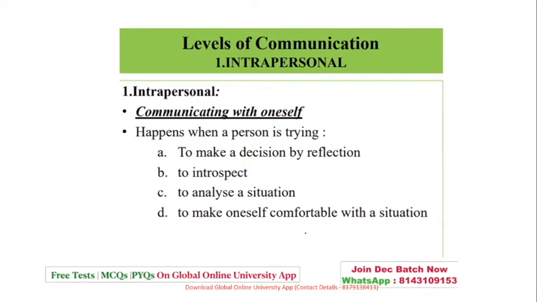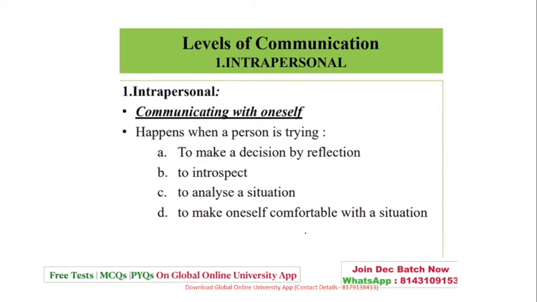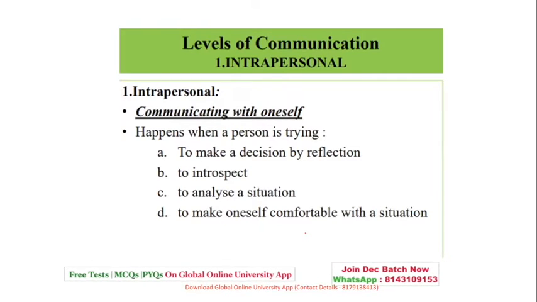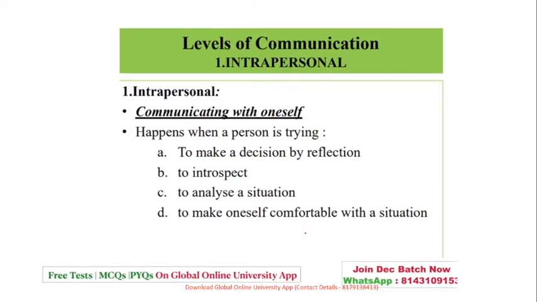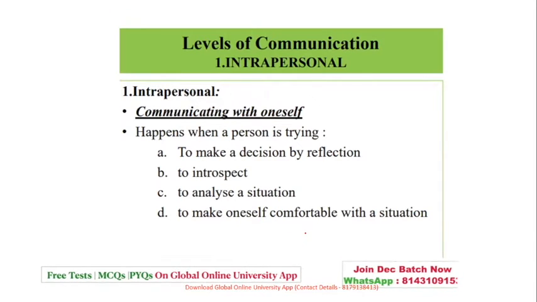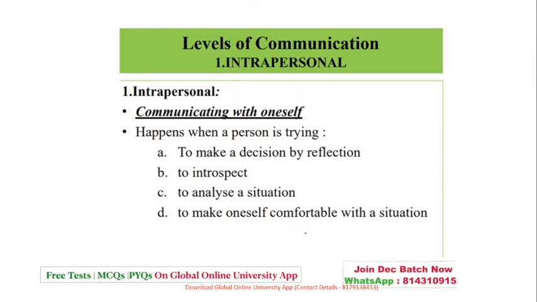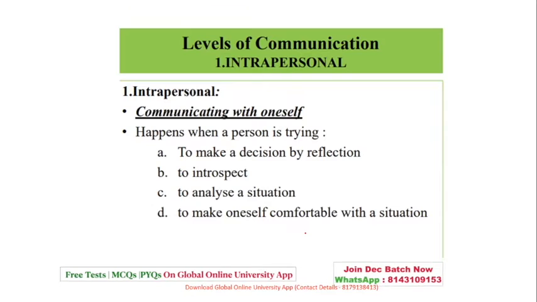It doesn't mean that you have to open your mouth and speak. The thought process in your mind is also a part of intrapersonal communication, because your mind speaks and you are listening. You are speaking as well as listening, but it is only you doing this process. So it is called intrapersonal.